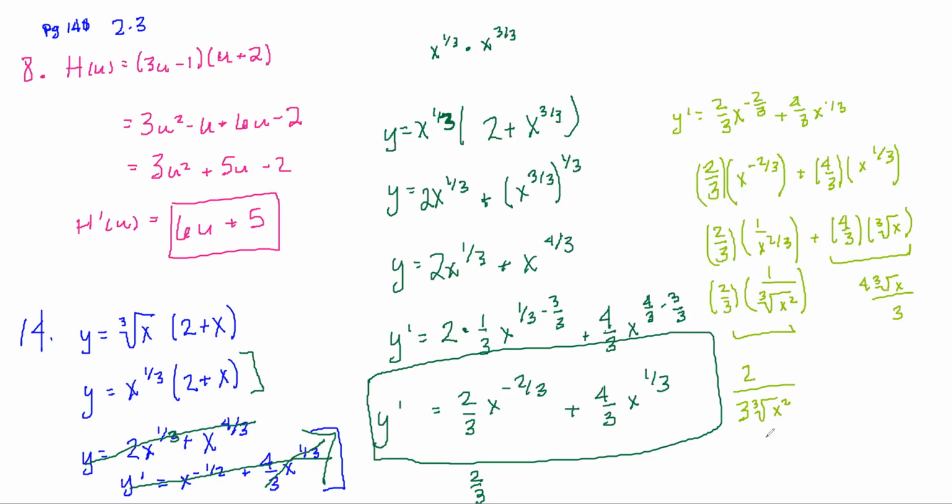Awesome, good. So the answer could be in any one of these forms if it's on a multiple choice test. If you're just taking a regular written exam, then this should be a fine answer because it's totally correct. All right.